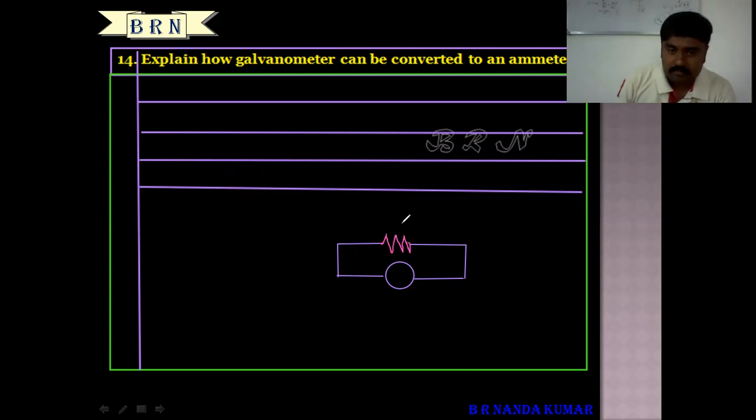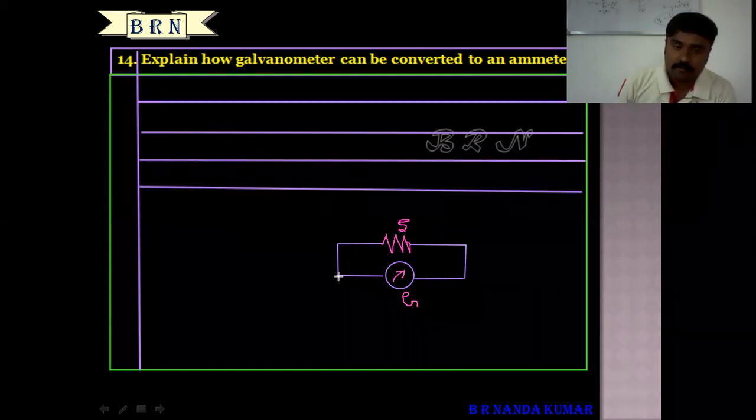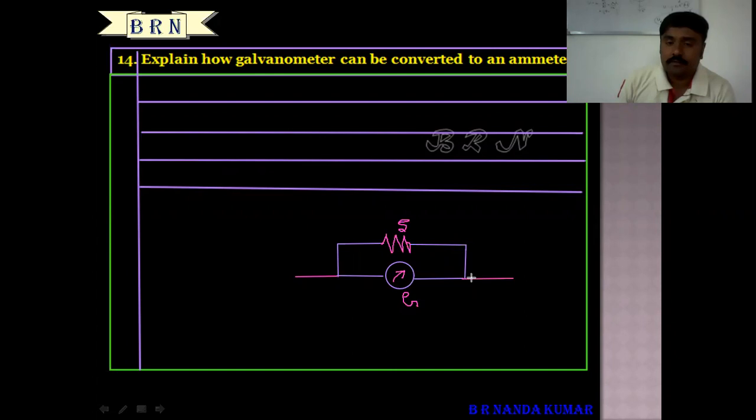This very small resistor is called a shunt, and it must be connected in parallel with the galvanometer. Then the galvanometer is converted into an ammeter. So how do you convert a galvanometer to an ammeter? By connecting a very small resistance, called a shunt, in parallel with the galvanometer.